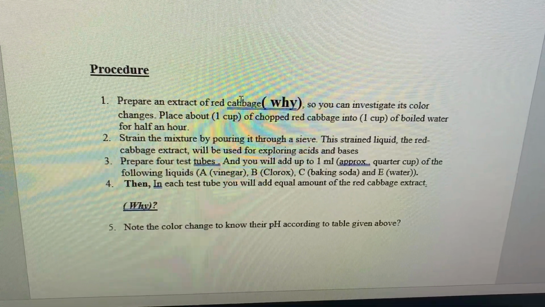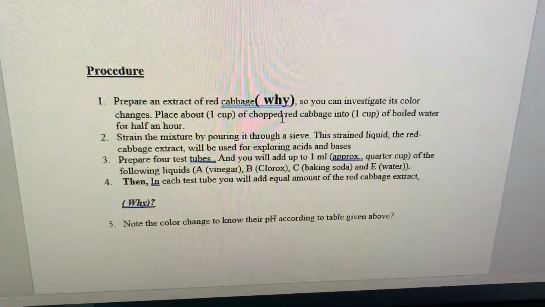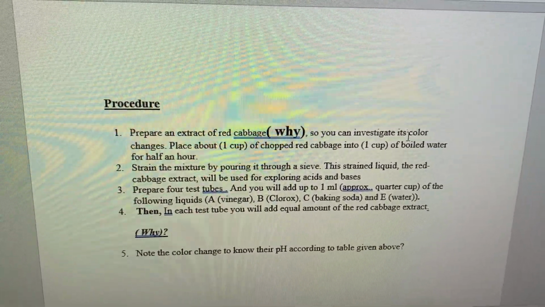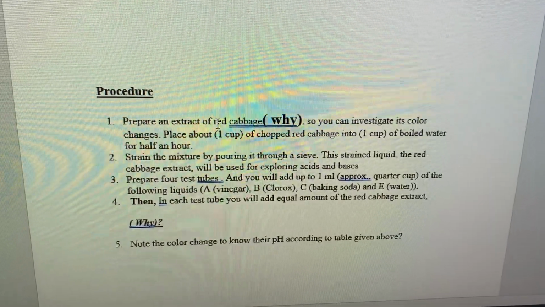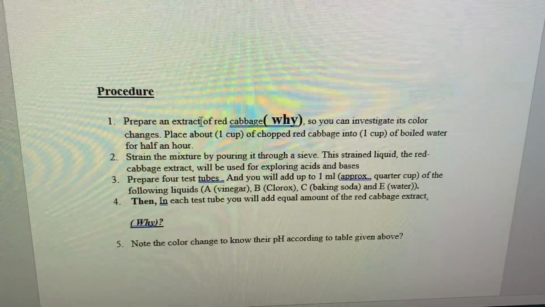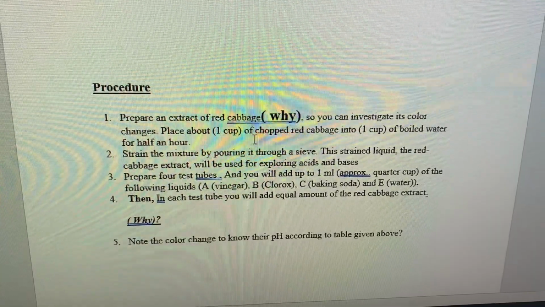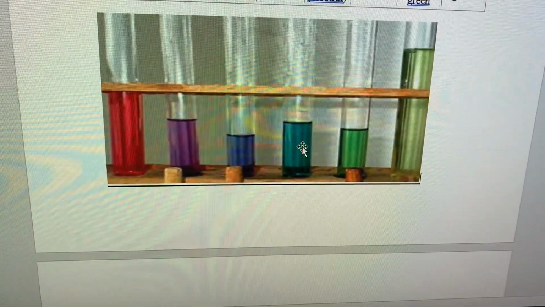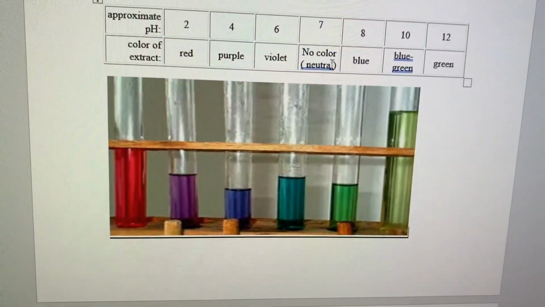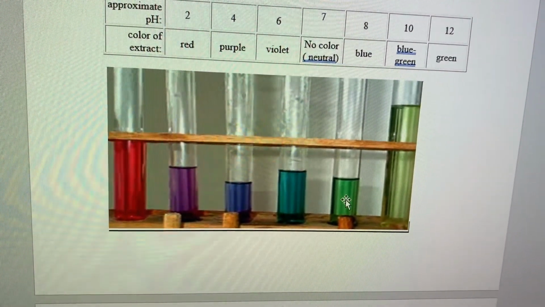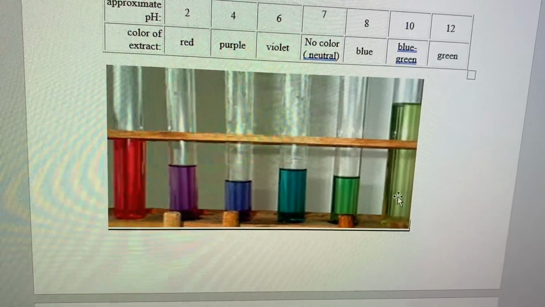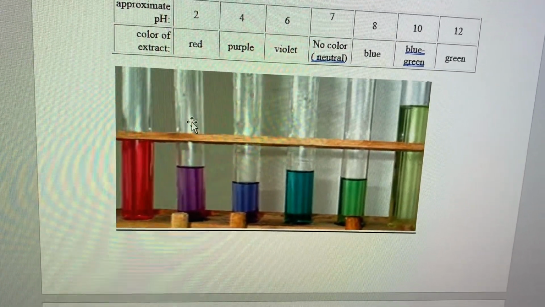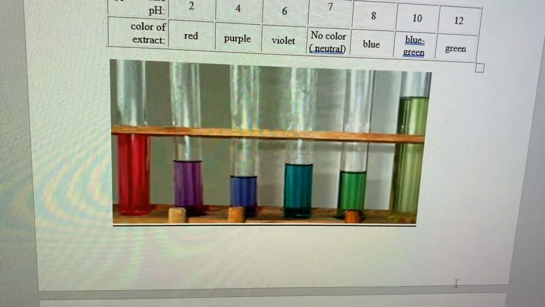That anthocyanin reacts with acids and gives a very bright red or pink coloration, and it reacts with alkali and gives a blue or green coloration. Blue means 8, green means 10, and light green is 12. Pink, red, purple are acids.